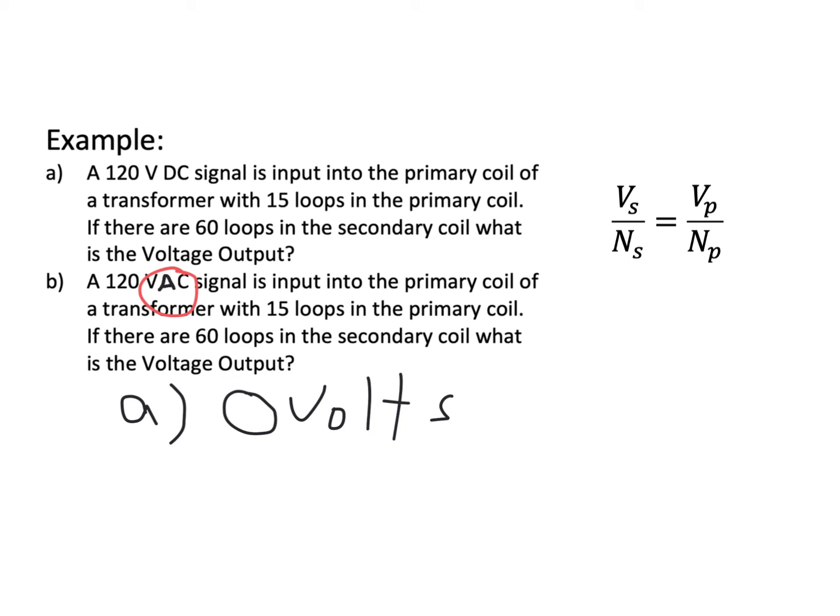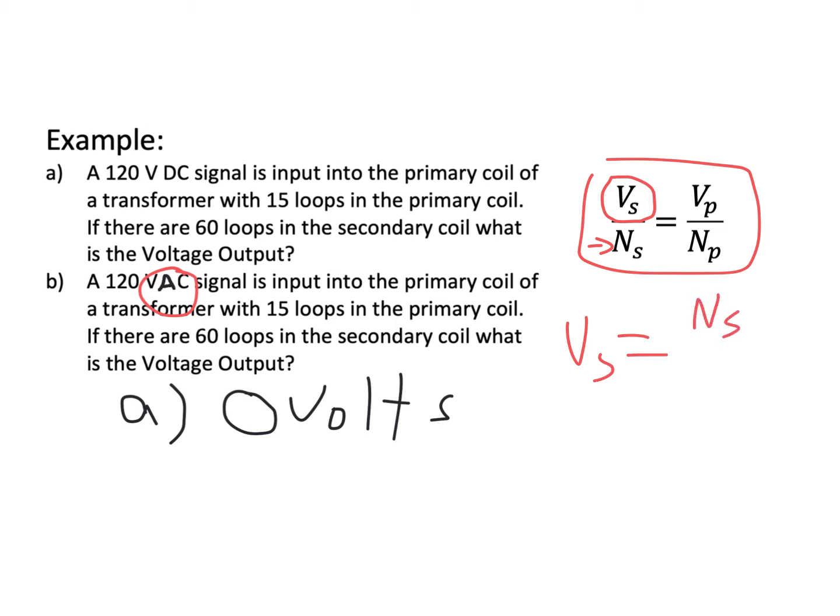So let's look at our formula over here. We want to know what the voltage of the secondary coil is. So if I multiply both of these by N sub S, I can cancel this and solve for Vs, and I get Vs is equal to N sub S over N sub P times the voltage of the primary. So now I can just do a little bit of arithmetic here.